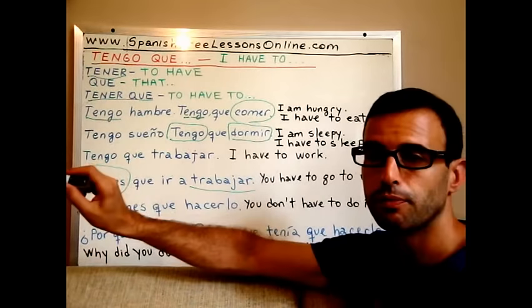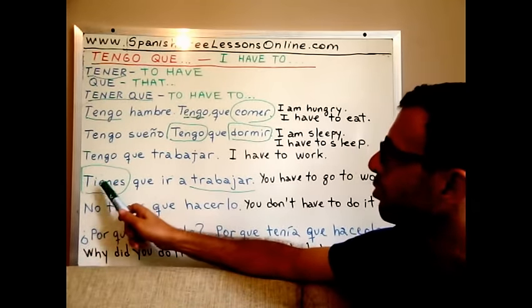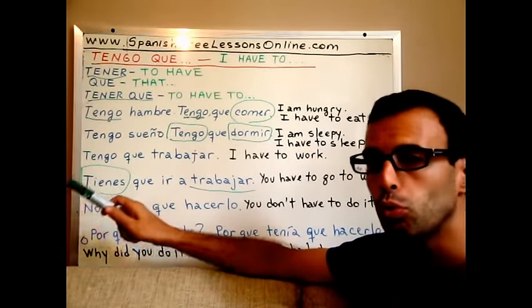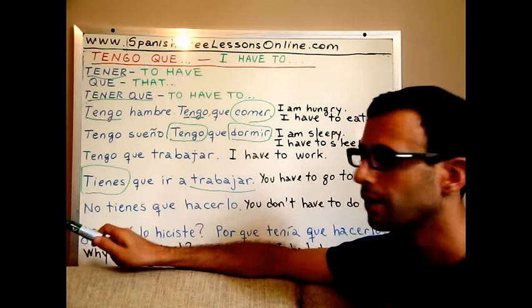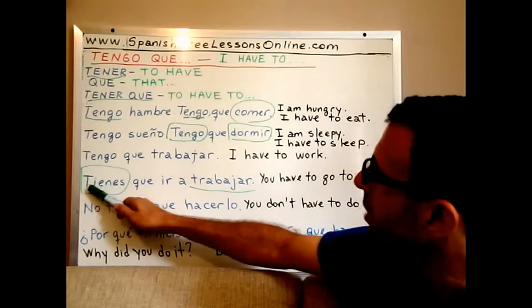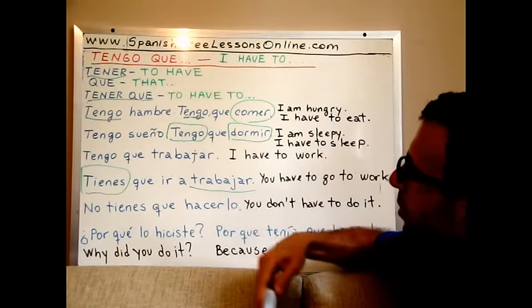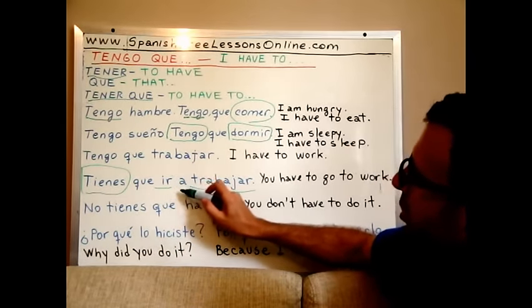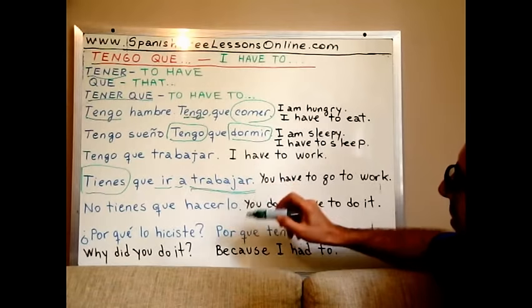That means for you, tú. So this would be the same as saying tú tienes que ir a trabajar. You have to go to work. You have to go, this is go to work. Okay?